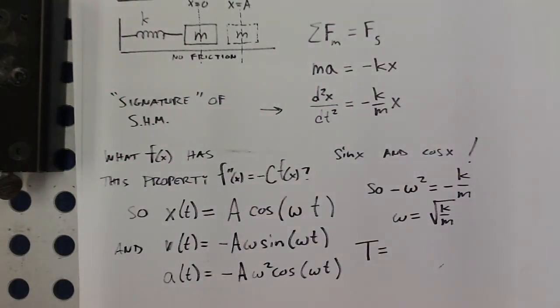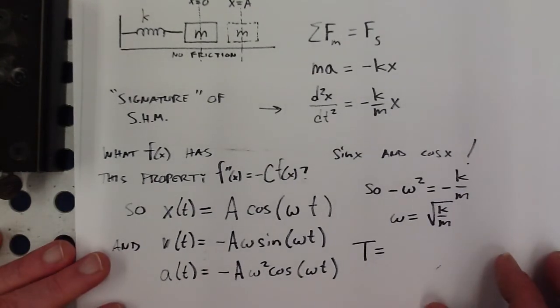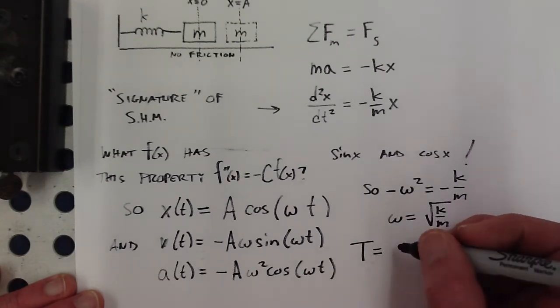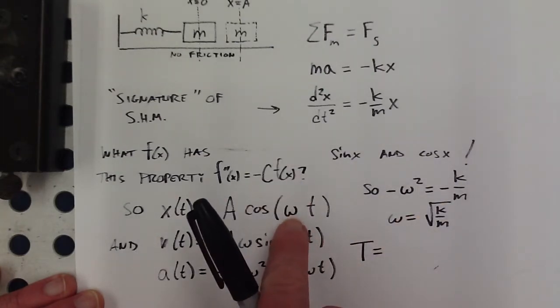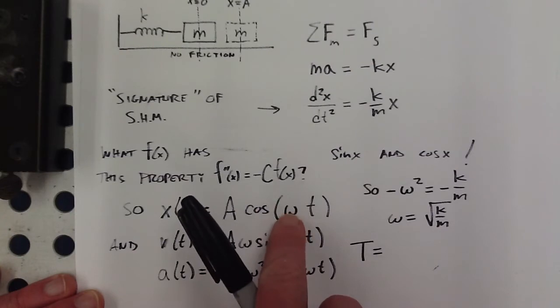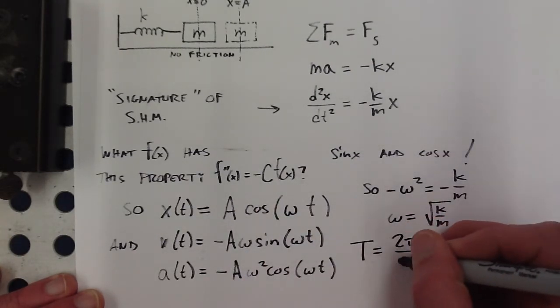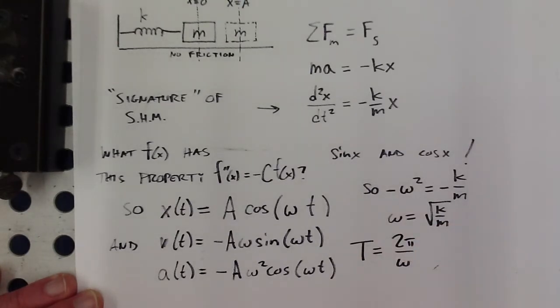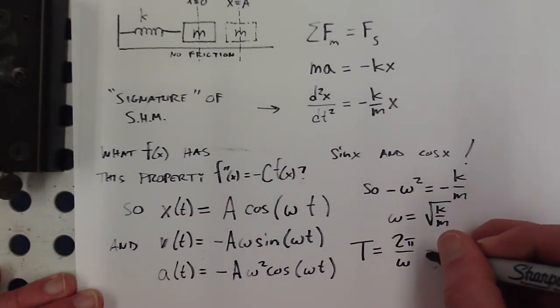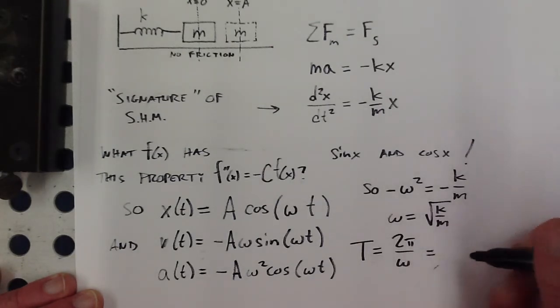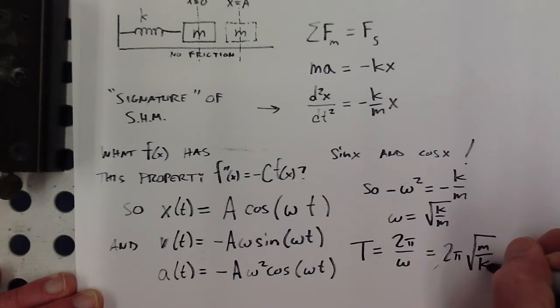So that's the period of oscillation, the time it takes for one cycle through that motion. And period is equal to, for any trig function, 2 pi divided by whatever's here. You know that from pre-calc. 2 pi over omega. And since omega is equal to this, 2 pi divided by that would be 2 pi times the square root of m over k.